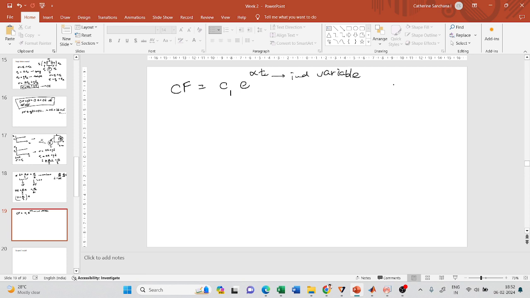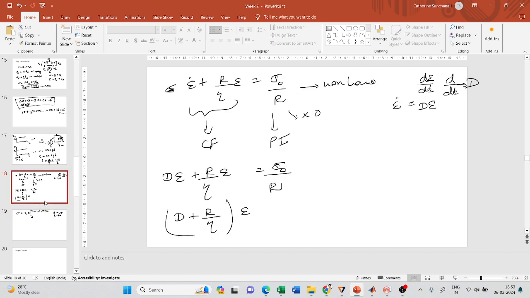Epsilon is the dependent variable and t is the independent variable, right? If it is x and y, we will write x instead of t. Since in this equation we have t, we are substituting it as t. And what is alpha?